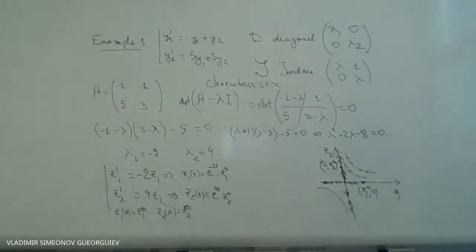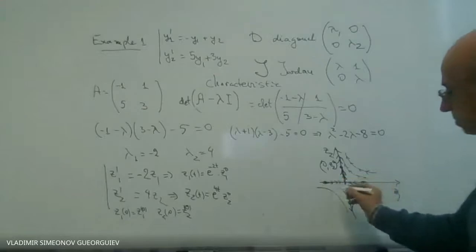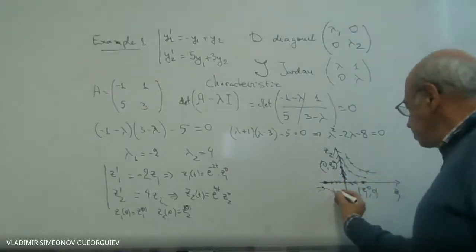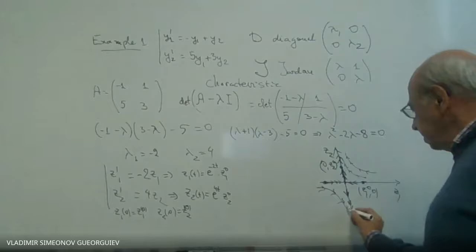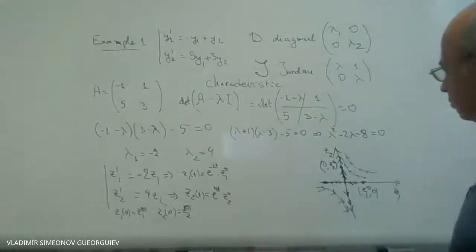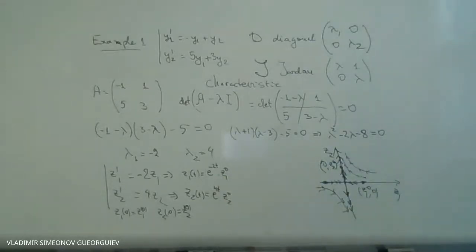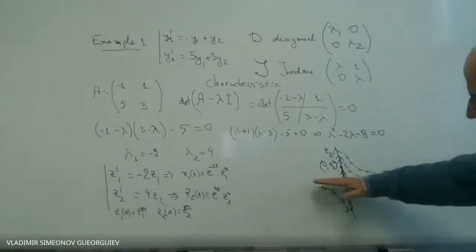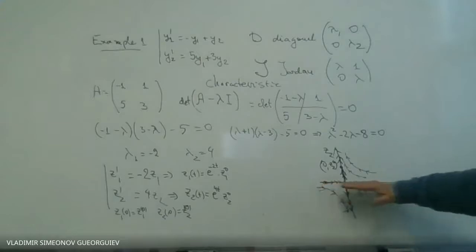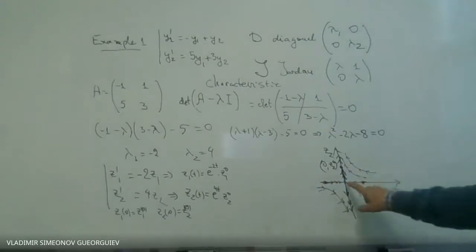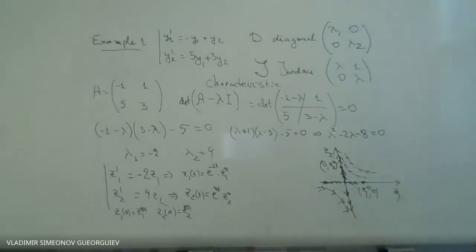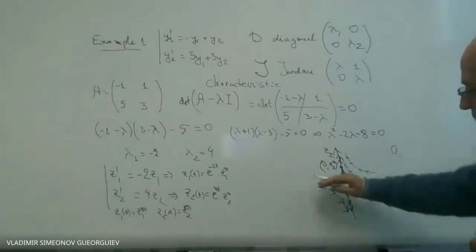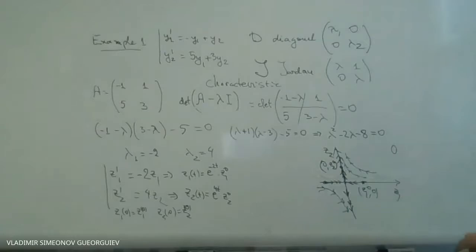For example, my arrows shall be very close, therefore I have to put them like this. I don't care more to see the explicit solution. The important thing is to recognize this, and we can say that 0, in this case, is an attractive point for this Z1 axis.